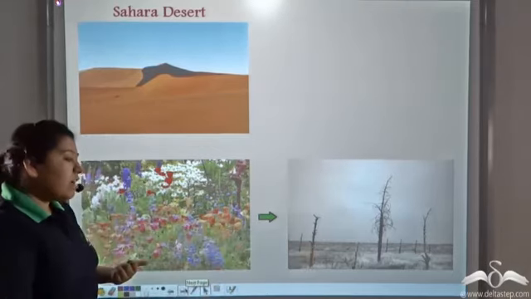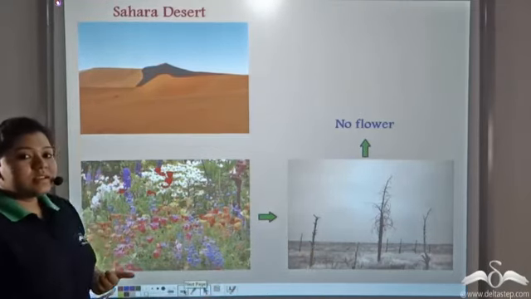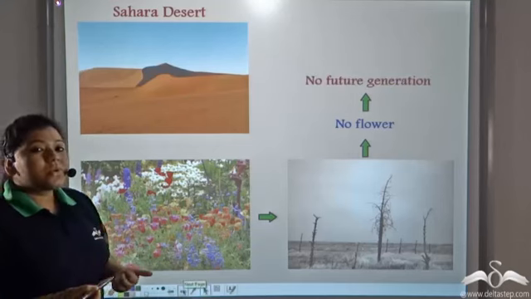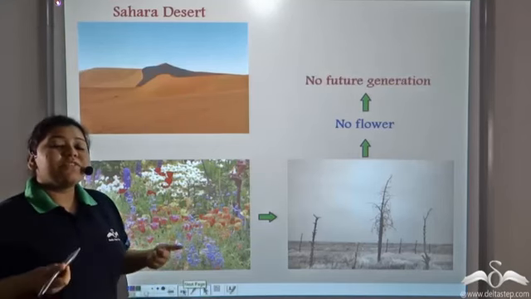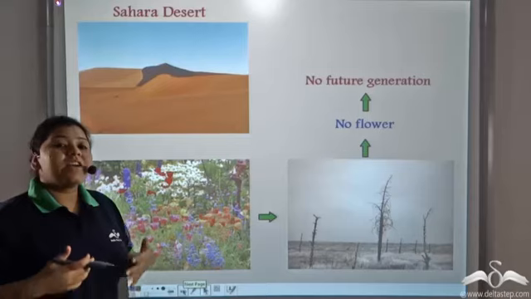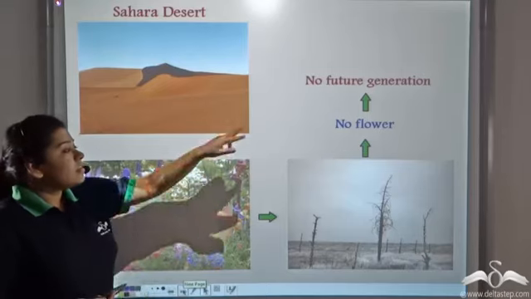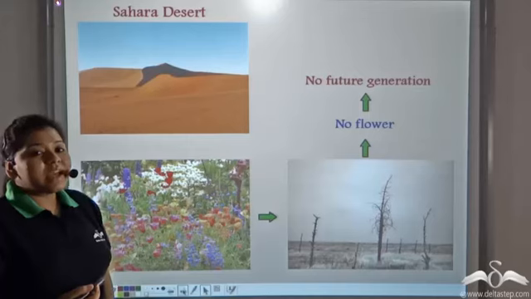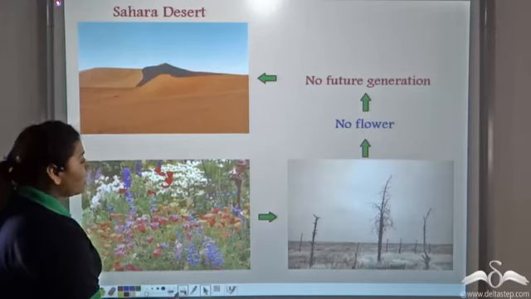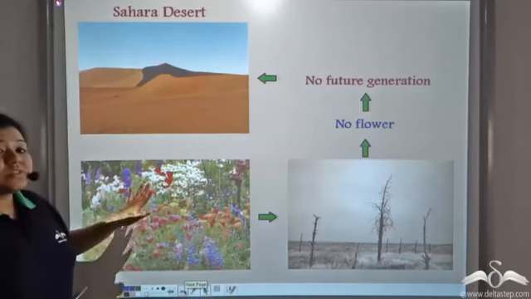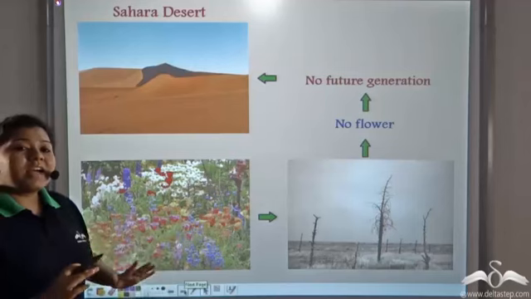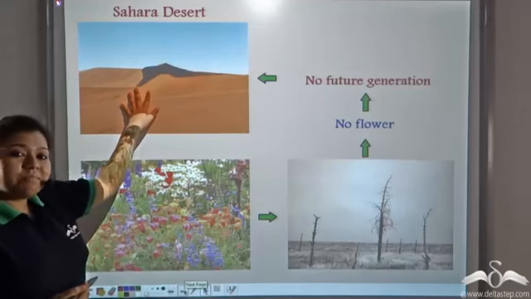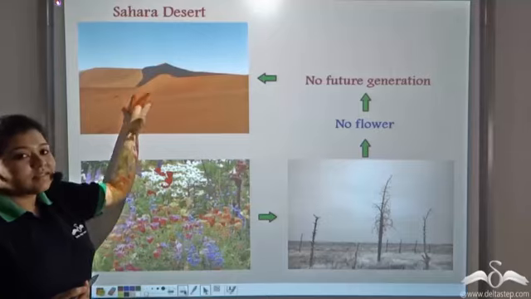Now, since there were no flowers, there were no future generations. So ultimately, since there were no future generations being born, these plants were completely wiped off from the land, and that is how this place, which was once fertile and had a lot of flowering plants, became dry and barren like this.